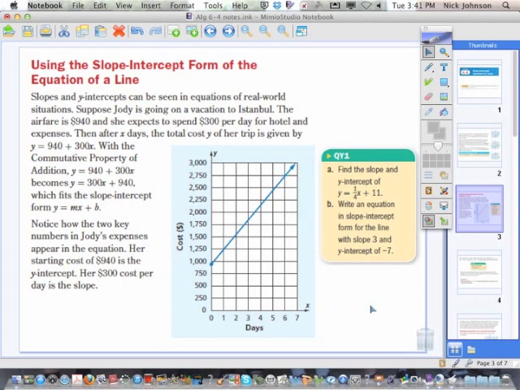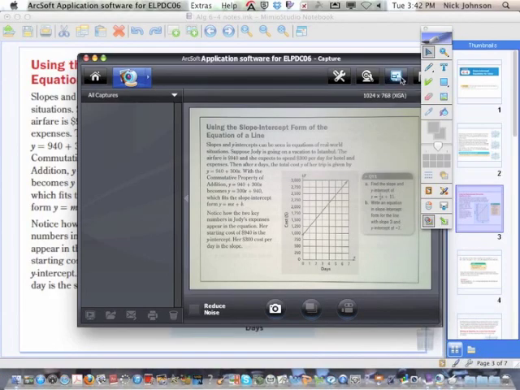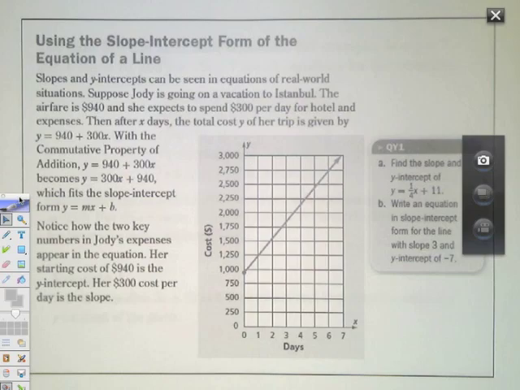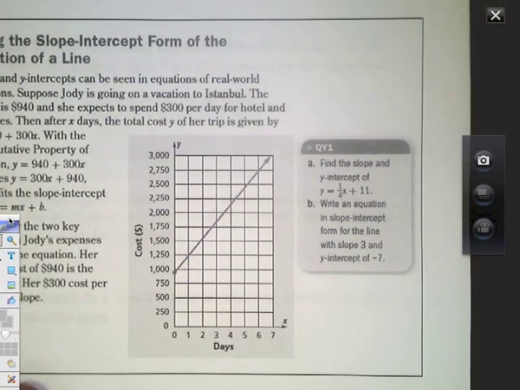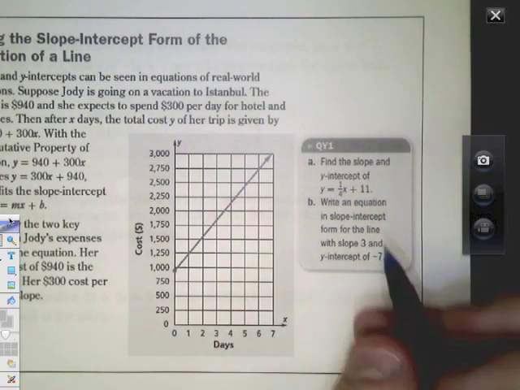Let's look at Quiz Yourself 1. It says, find the slope and the y-intercept of y equals 1/4 x plus 11. Okay? I'm going to turn it over to the capture view. Looking at this, we need to find the slope and the y-intercept of y equals 1/4 x plus 11.